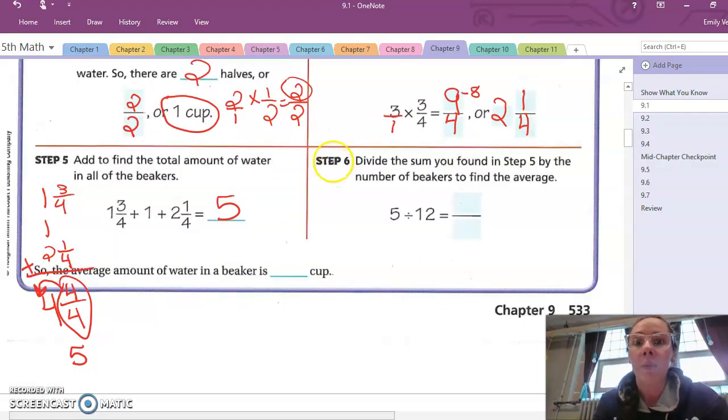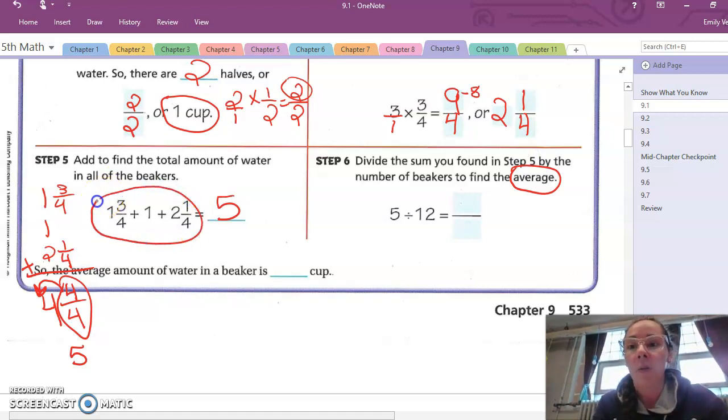Okay, step 6. This is where the average comes into play. Basically, what average is where you take everything that you found so far, you add all of those up, and then you divide by the number of beakers altogether, or by the total number. So you have all of whatever you found divided by the number of things that you have.